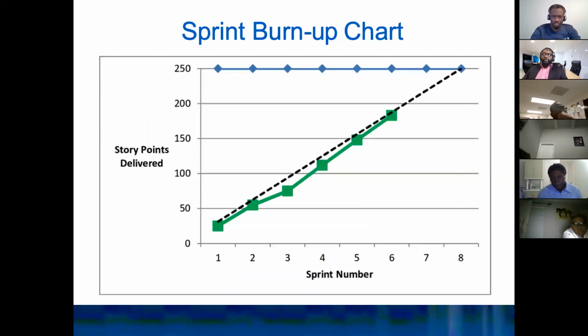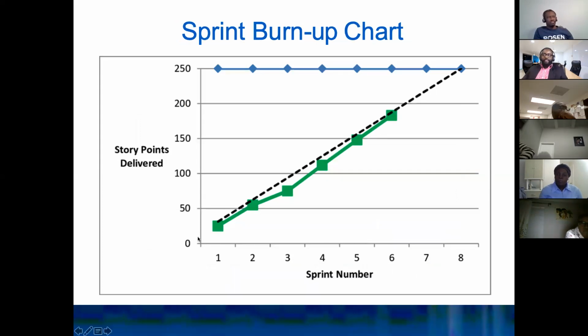Okay, so on the opposite side, you do have the burn up chart, right? And it carries almost the same information, but in the opposite way. The burn down chart is showing you how many points are left for you to finish the sprint. But the burn up is showing you how many points you already completed, as the days pass.